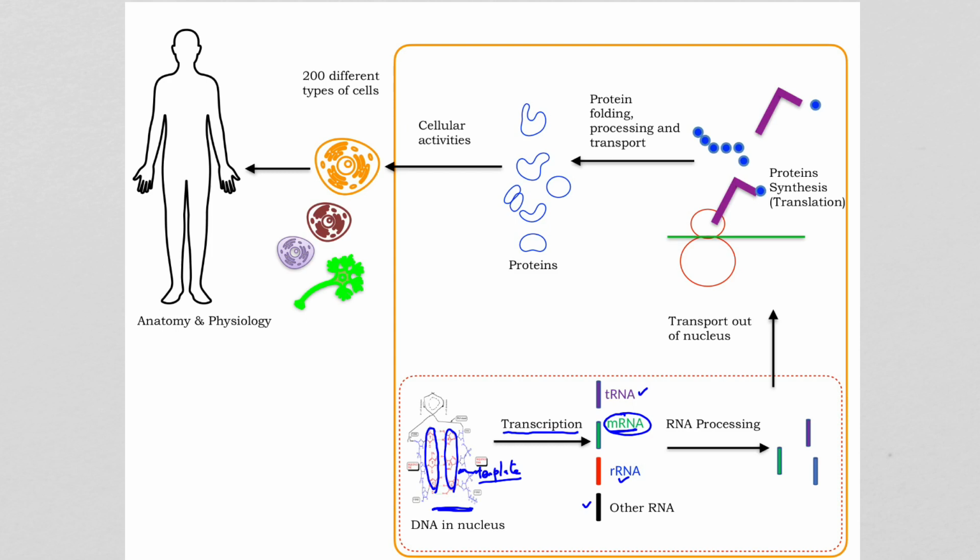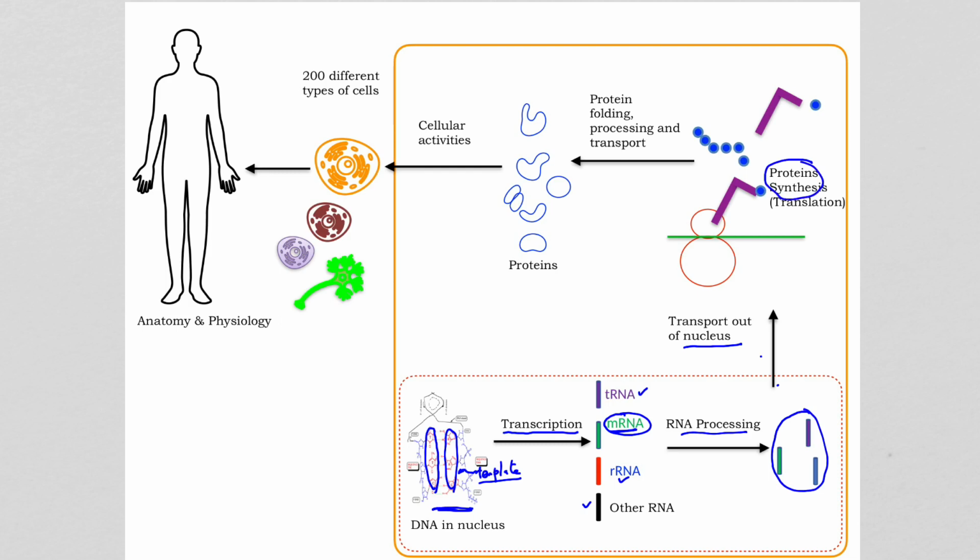Once these different RNAs are made, they undergo processing, and we'll talk about this later in a future video. Once the RNAs are processed, they are transported out of the nucleus into the cytoplasm. So all proteins are made in the cytoplasm.